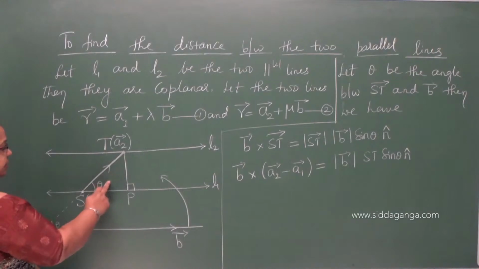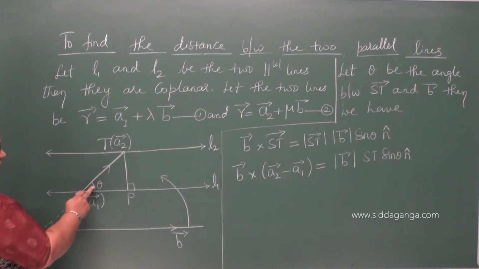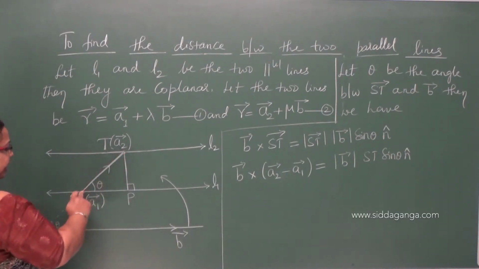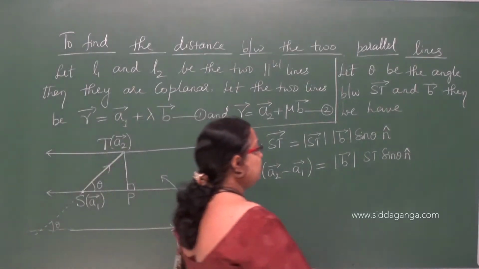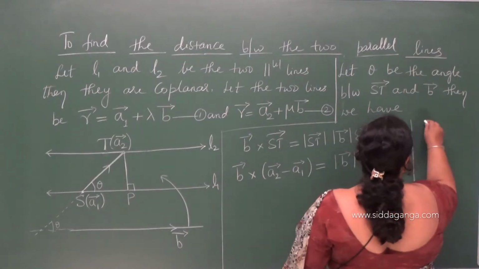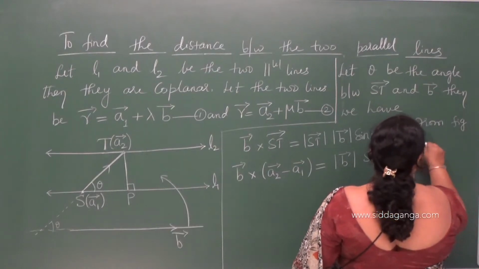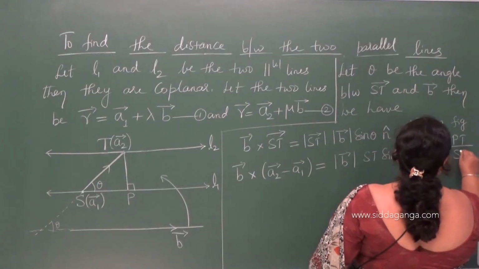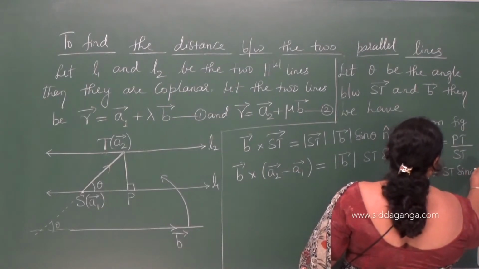So now you define the sine ratio from this triangle. We get sin theta equal to opposite side PT and the hypotenuse side ST. So from the figure, sin theta equals opposite side PT by ST, therefore PT equal to ST into sin theta.